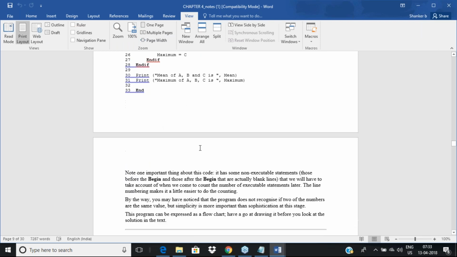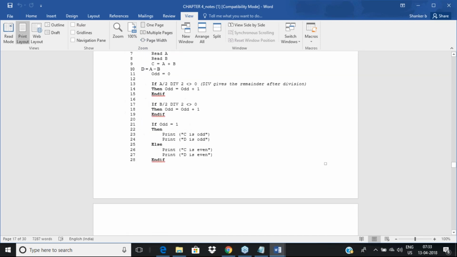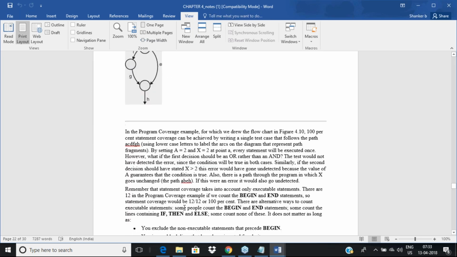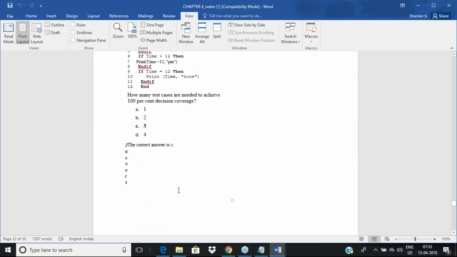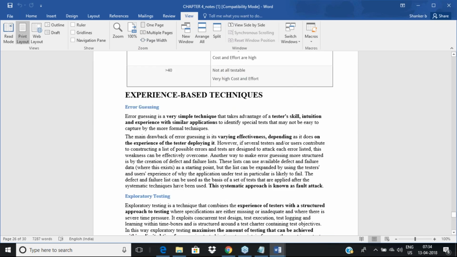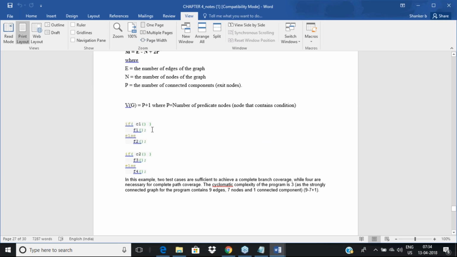And it's a purely white box testing technique. We generally don't do it so commonly because most of the jobs that you get will be purely black box, but there will be very few on white box also. So you can see this is P plus 1, where P is the number of nodes that contain a condition.